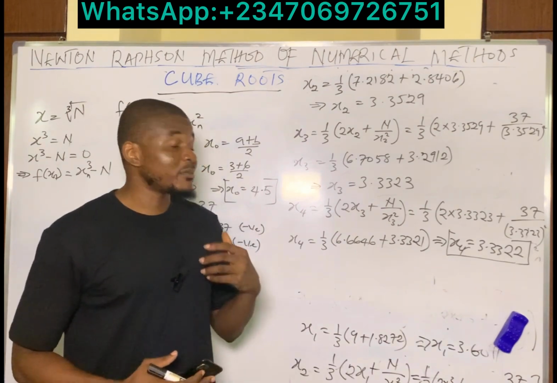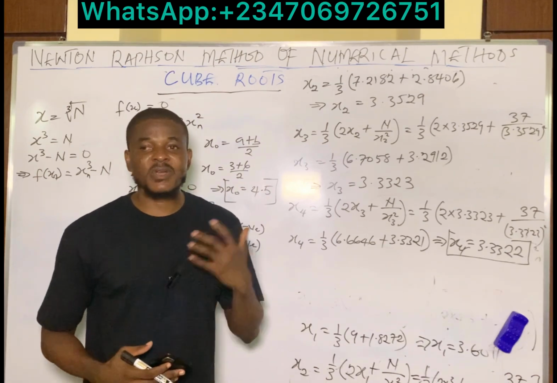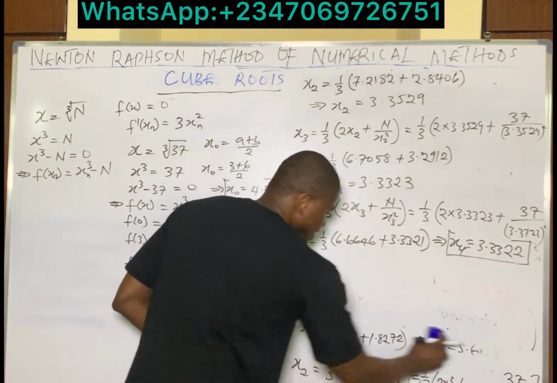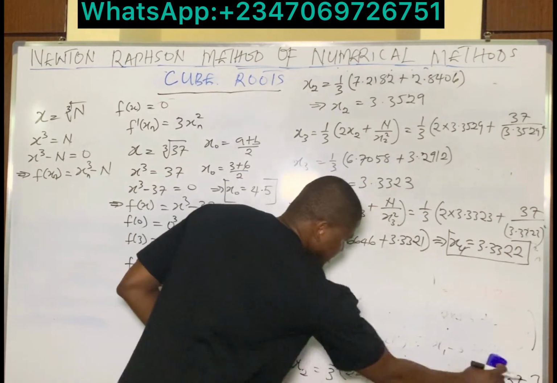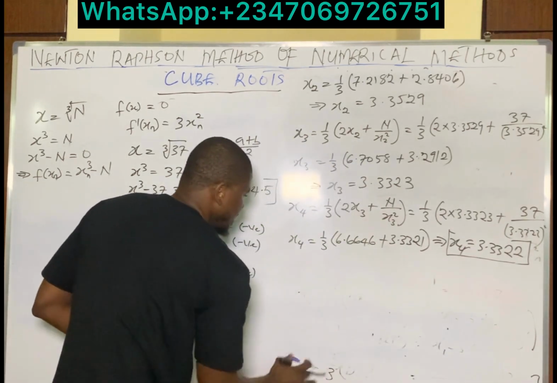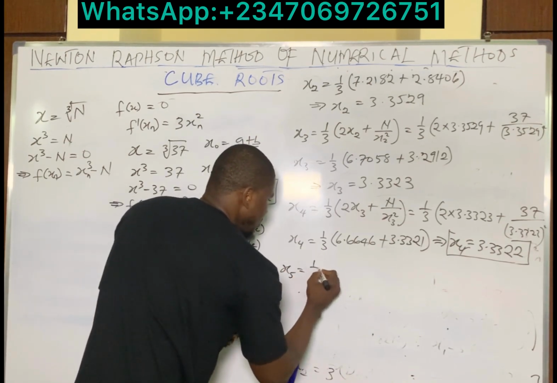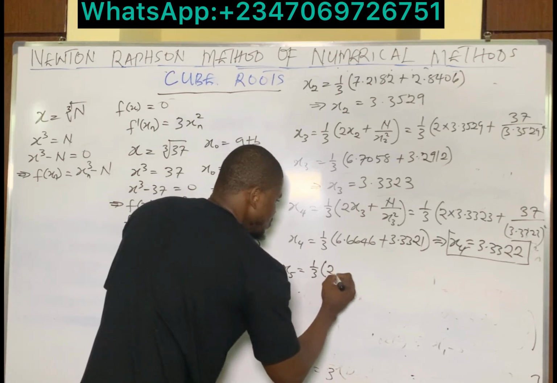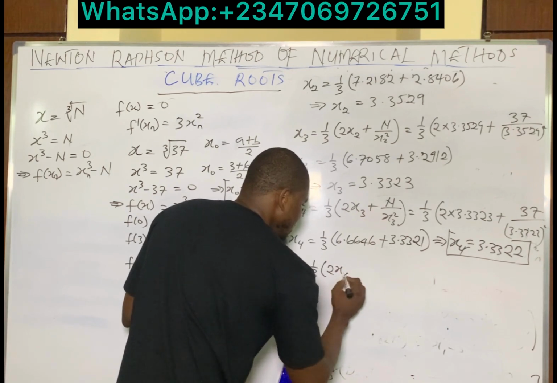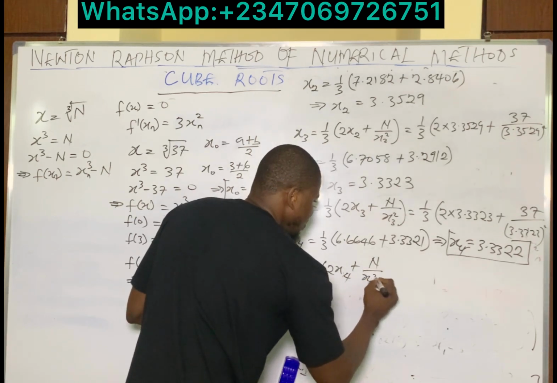But let's try one more iteration and see if it is going to converge correct to 4 decimal places. Else we can stop at 3. But let's try one more iteration. So we'll try the 5th root. Okay, we'll try to obtain the 5th iteration. So the formula now becomes x5 equals 1 all over 3 into 2x4 plus n all over x4 all squared.